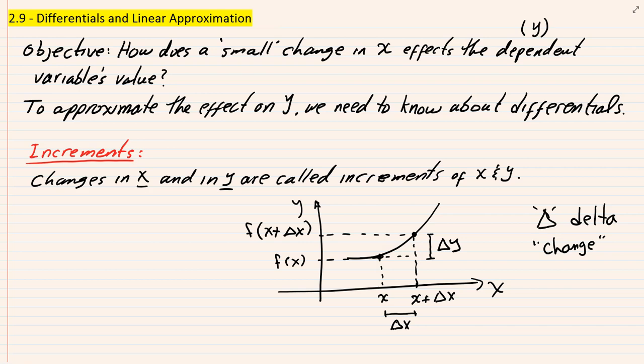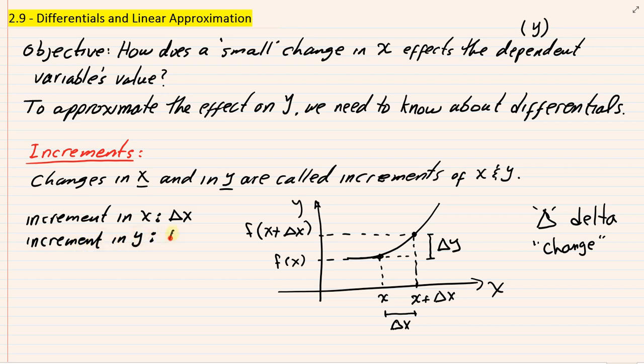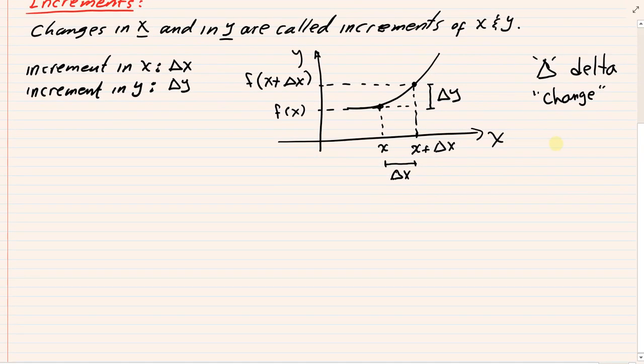Therefore, we can write the increment in x as delta x, and the increment in y as delta y. So that's all those are. Remember, change in x and then change in y.